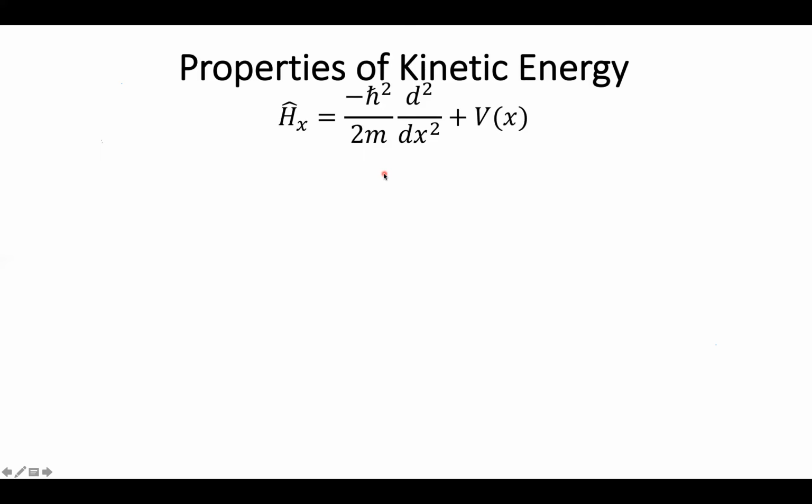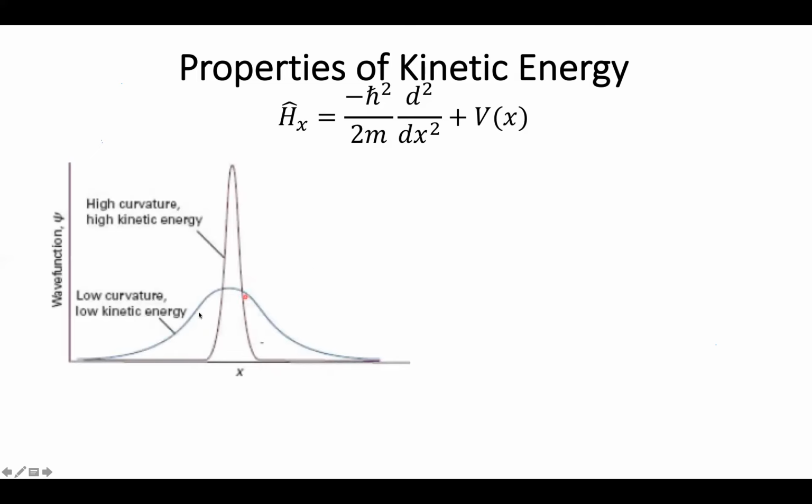Now, I want to use this as an opportunity to summarize some cool features of our new Hamiltonian structure. First of all, if I have a wave function with a low curvature, so this is something that's widely spread out, not located too much in any given location, what is this going to mean for the second derivative?